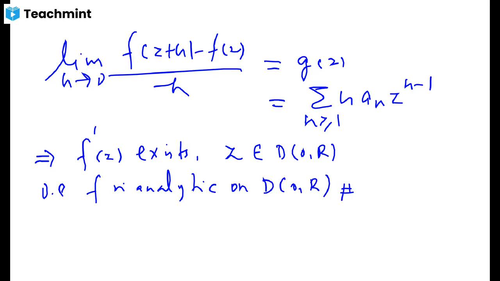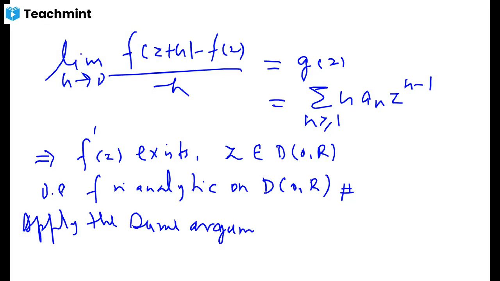Now, another thing is that you have to show that its double derivative also exists. So you are going to apply the same argument to the derivative of f of z, which is again a power series.